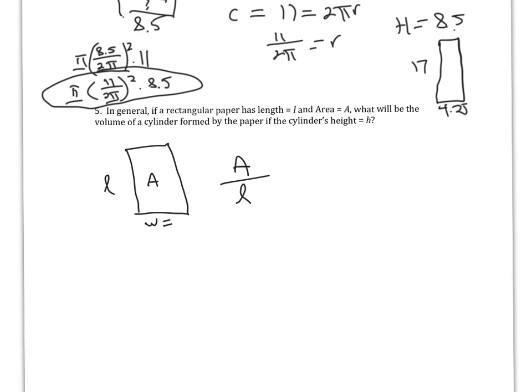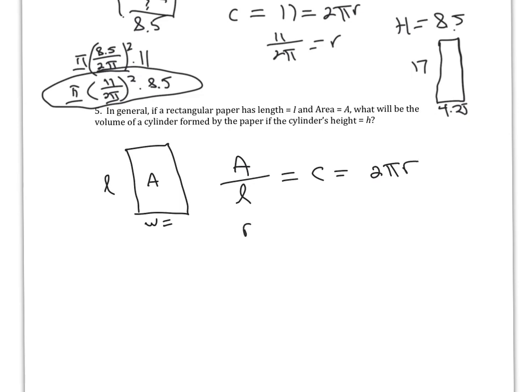Okay, so let's think about what the volume of this thing would be. If this is going to be equal to our circumference, it's going to be equal to 2 pi r.